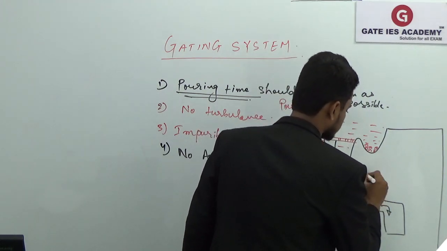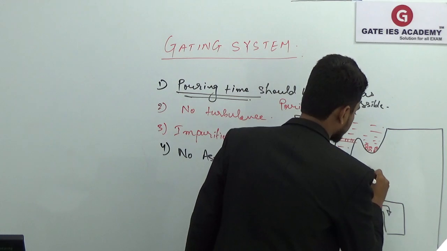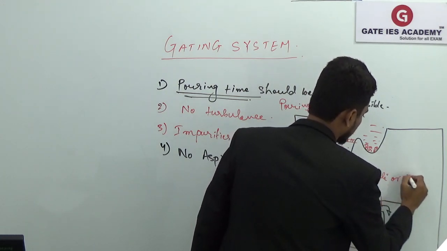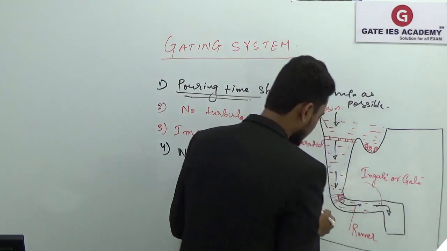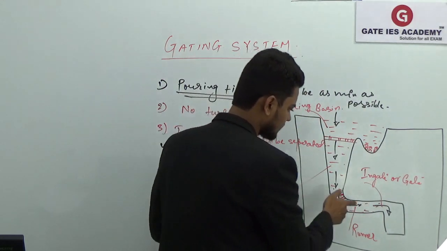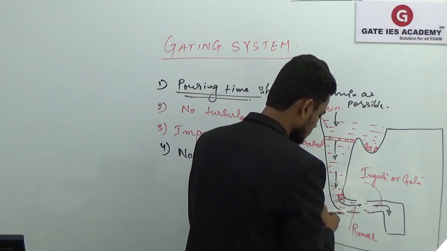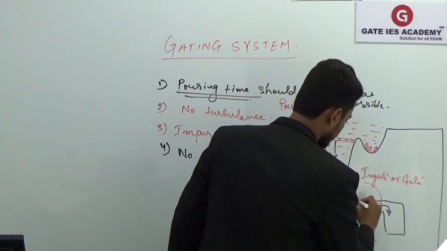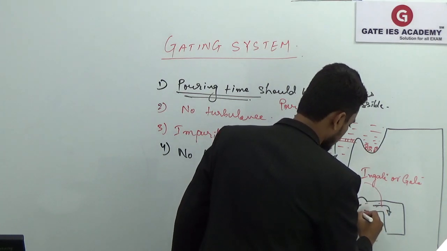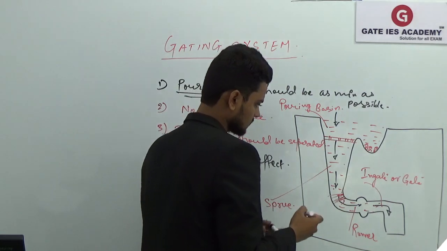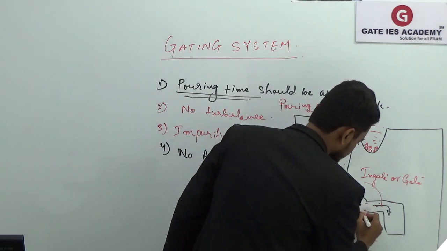The point at which the molten metal enters is called the ingate or gate, and somewhere in between along your runner we have the skim bob.